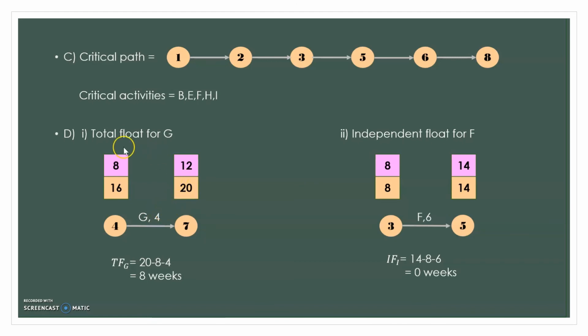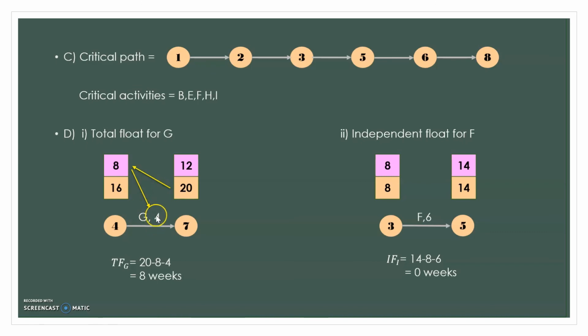So for total float, they have their own formula, which is we start from the right side, the bottom side, which is 20, and minus 8 from the top left side here, and again minus the duration of activity G, which is 4.